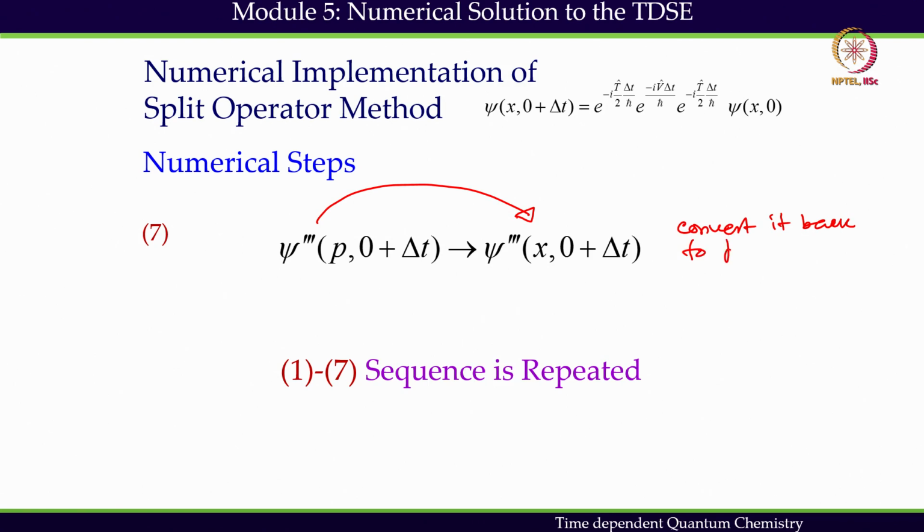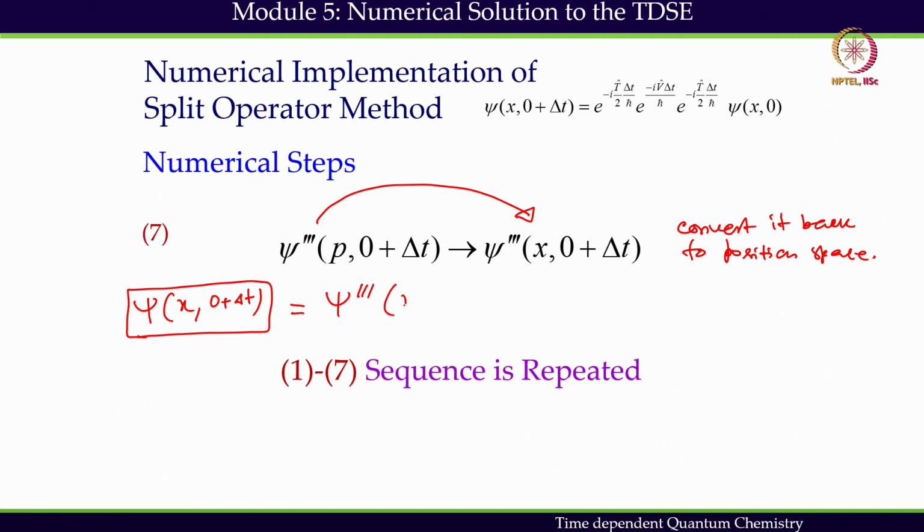Back to position space. So, what I get is psi(x, 0 + delta t), the first propagation due to delta t, represented by this wave function at x, 0 plus delta t.